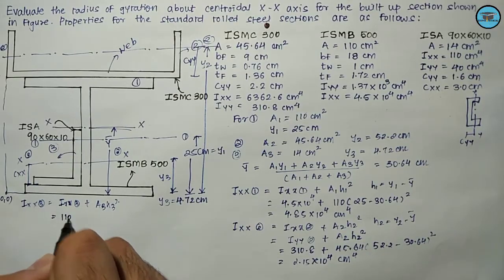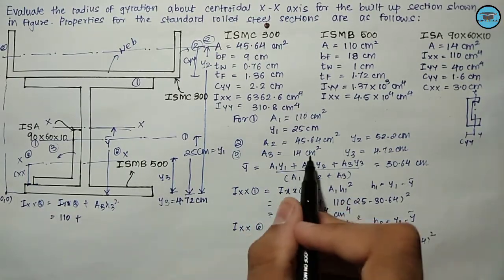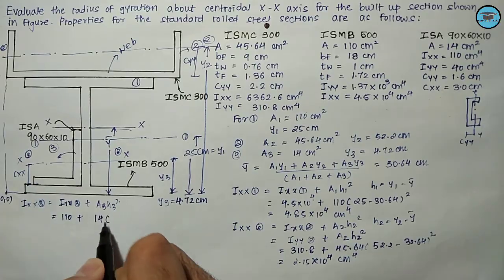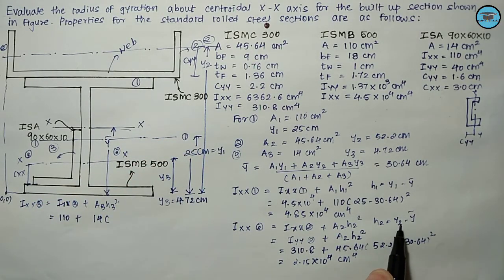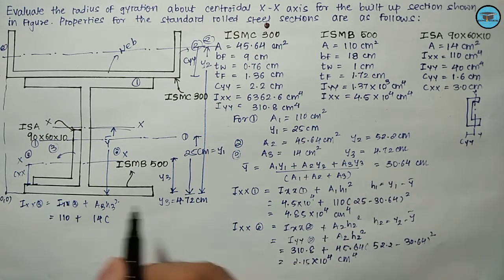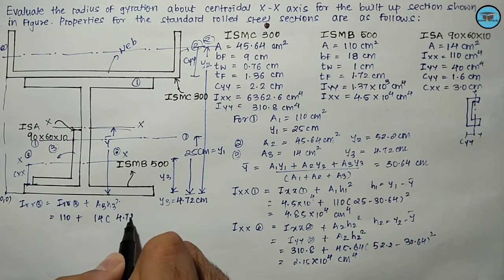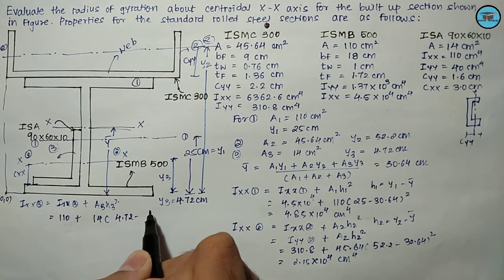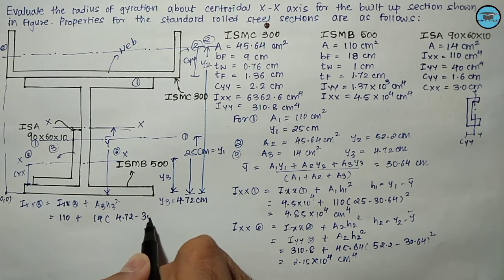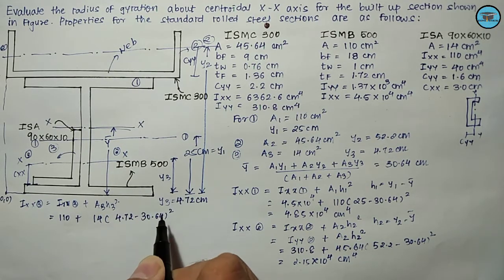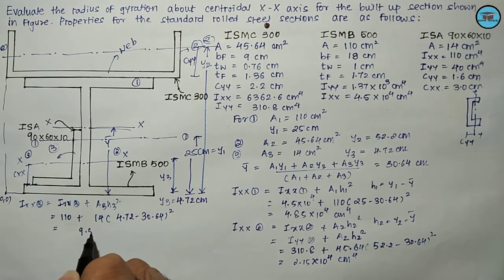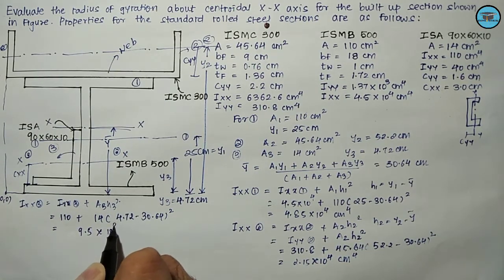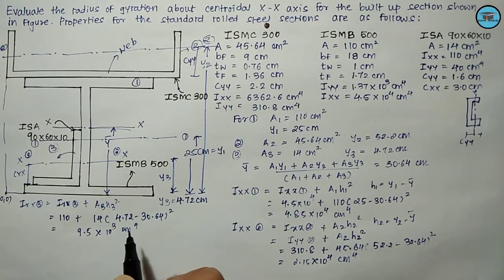So it will be 110 plus a3, that is 14 into h3 square, that is the distance between these two axes, and it is nothing but y3 minus y bar. The value of y3 is 4.72. So 4.72 minus y bar, the value of y bar is given as 30.64. So 30.64 whole square. So we would be getting the value of Ixx3 as somewhat 9.5 into 10 raised to 3 centimeter raised to 4.